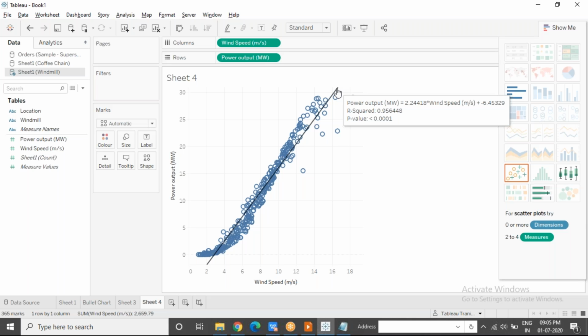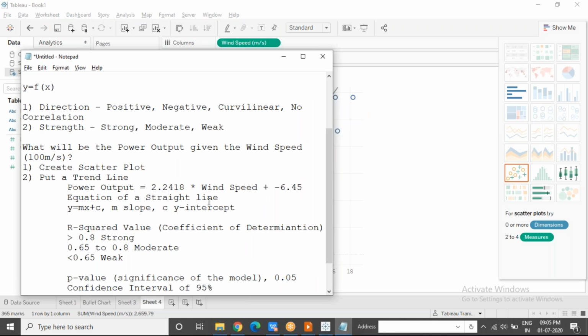But we operate at a confidence interval of 95%, so as long as the p value is less than 0.05, we are good to go. If the data is good enough, you can get a much smaller p value and increase the significance of the model. Now, how will I determine the power output given the wind speed?